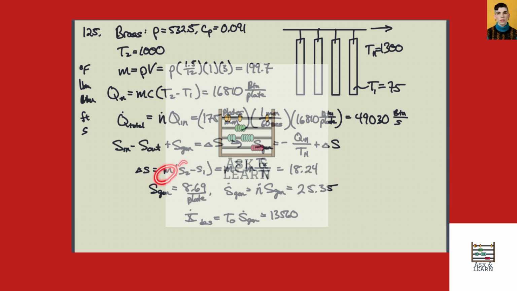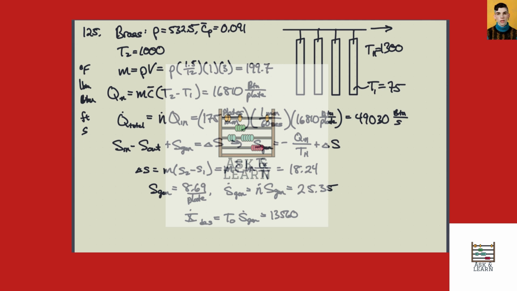That's just their mass times each plate's change in entropy. Because they're basically solids, we can use the heat capacity and the natural log of the ratio of temperatures. This is the average, because the heat capacity changes with temperature as it goes from room temperature to 1,000 degrees Fahrenheit. But again, we're taking average values, as specifically noted here and also here.